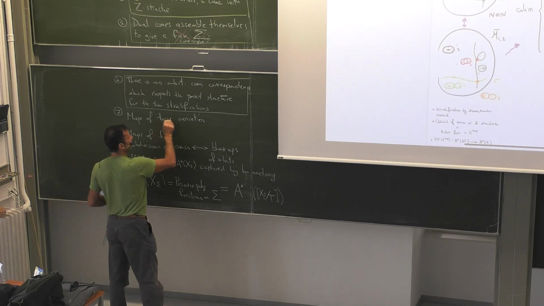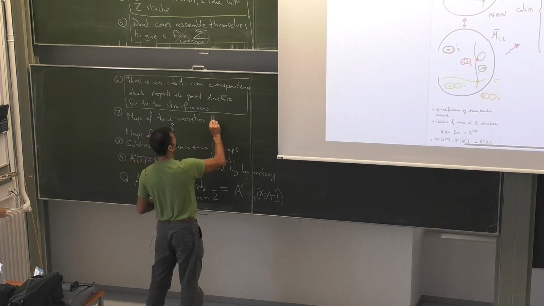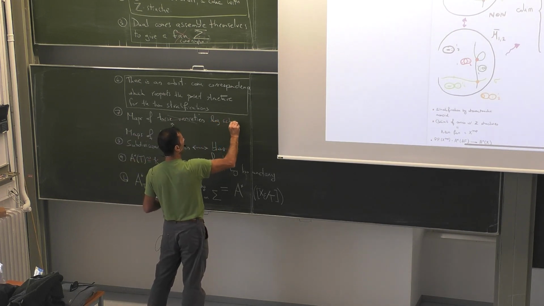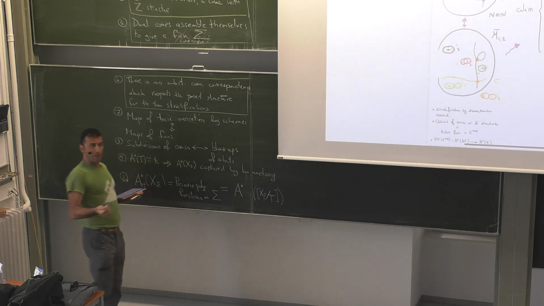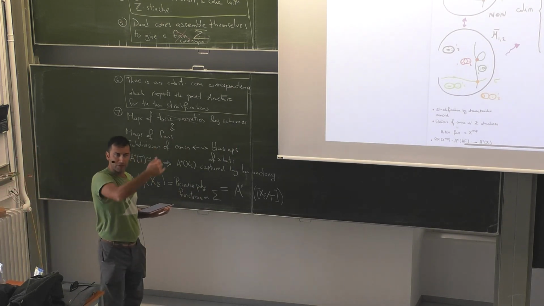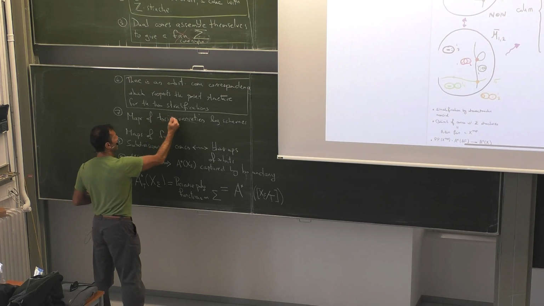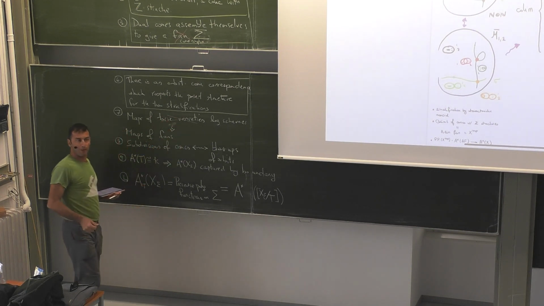maps of log schemes. If you have a map of log schemes, whatever that is going to be, it's something which is compatible with the structure of this sheaf of monoids, of these local rational functions. Now they're not completely determined by a map of fans, but they give rise to a map of fans, right?